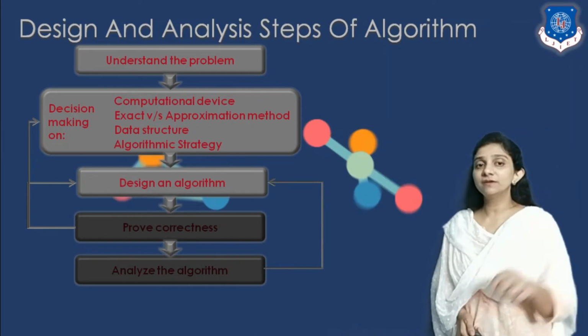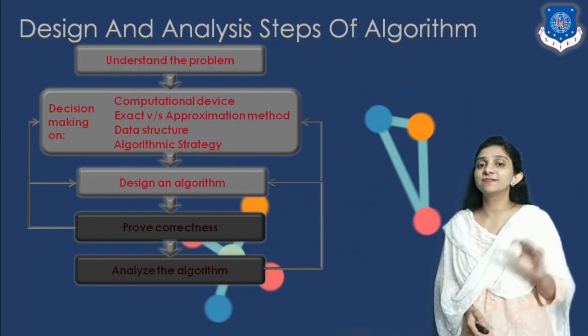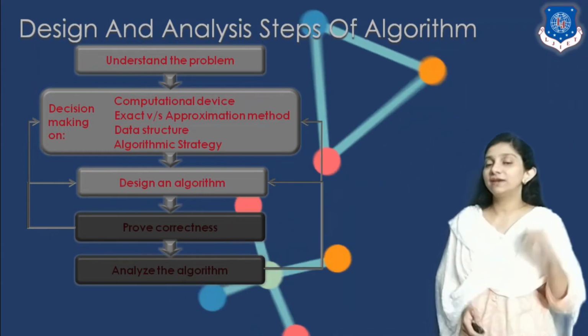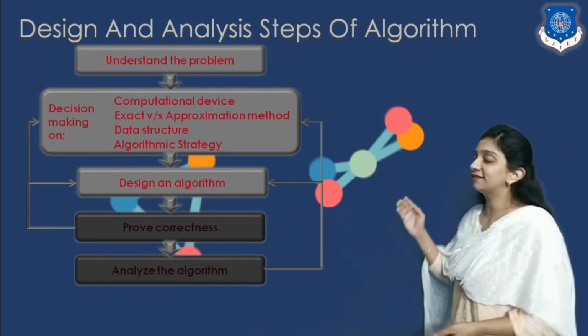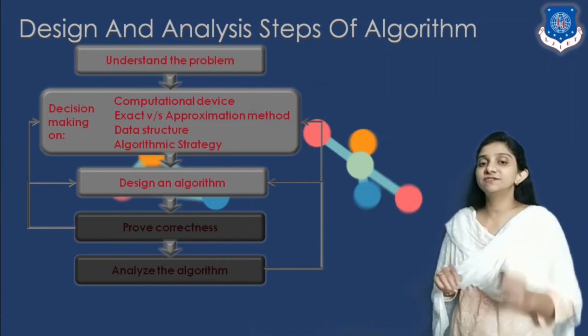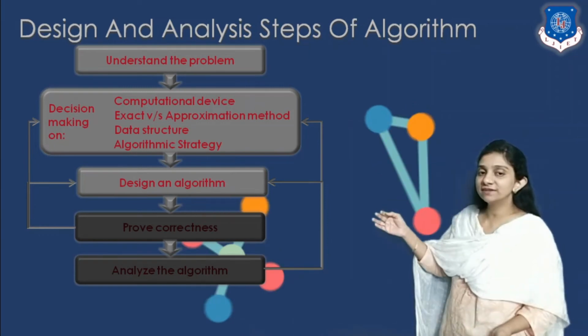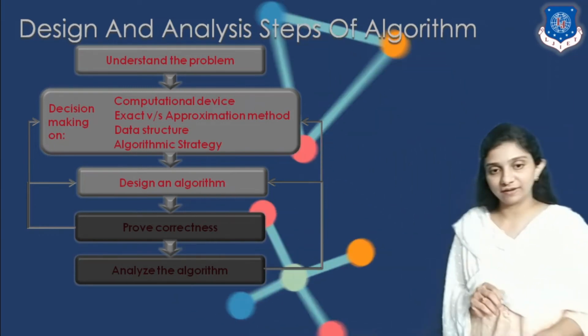As per the requirement of the problem, if my time and space is not up to the mark, then we can again go back to our decision making step or design step and make some changes in design, again check the correctness and come to the analysis.